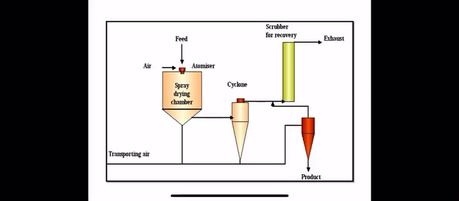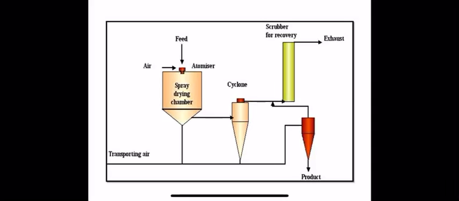What does this cyclone do? Both the air and the dried powder, because the feed has now been converted into powder, move into the cyclone. The cyclone is a separating system, you can say.